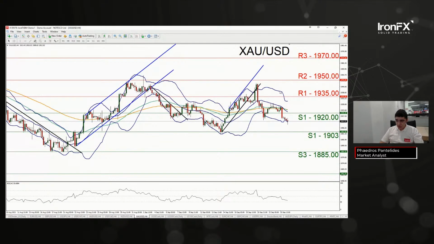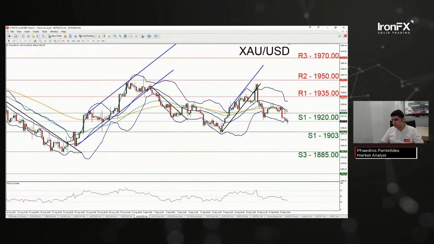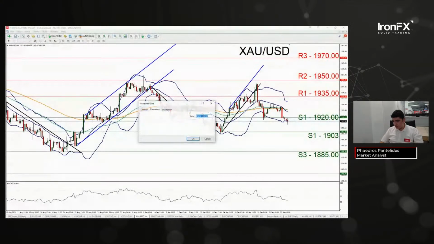So even if it is moving in a downwards fashion for now, if we see no major progress on Capitol Hill, we might see a reversal in trajectory and move higher. But for now, it should be 1,915.